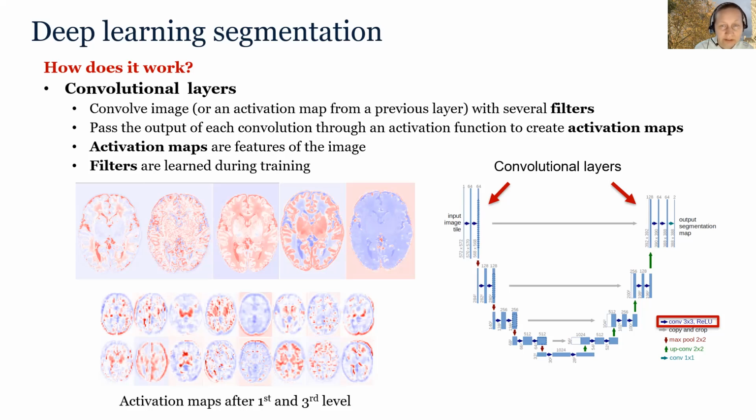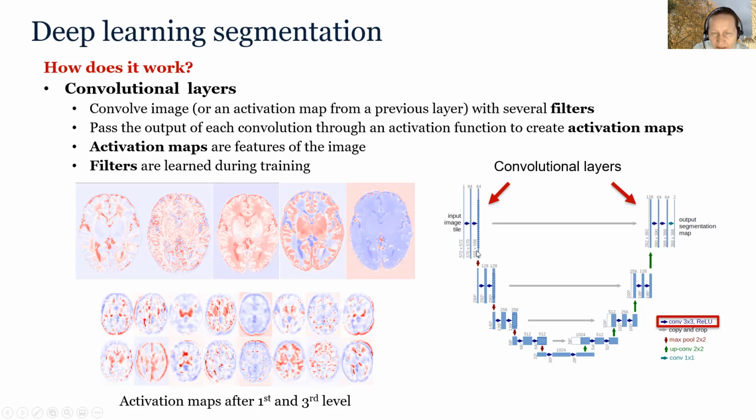This is the strength of deep learning. That's how it can adapt to images and learn information that is very difficult to engineer when we just think about it ourselves.